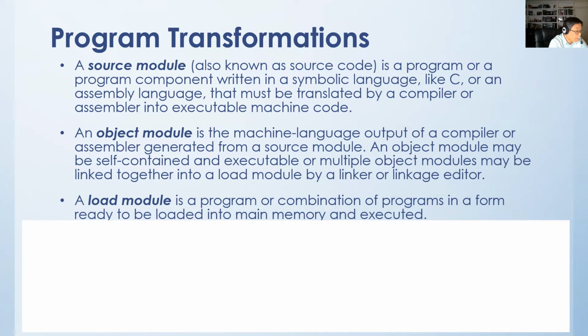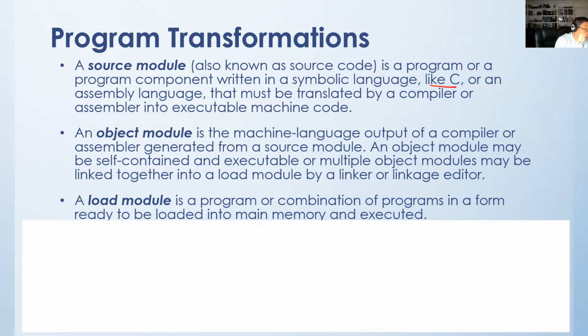So people started to write computer programs using symbolic languages such as C, C++, Pascal, Java, or even Python. They use various different languages, and these are called high-level languages.